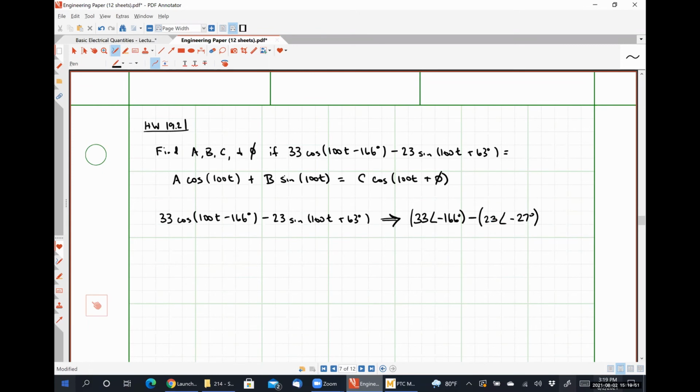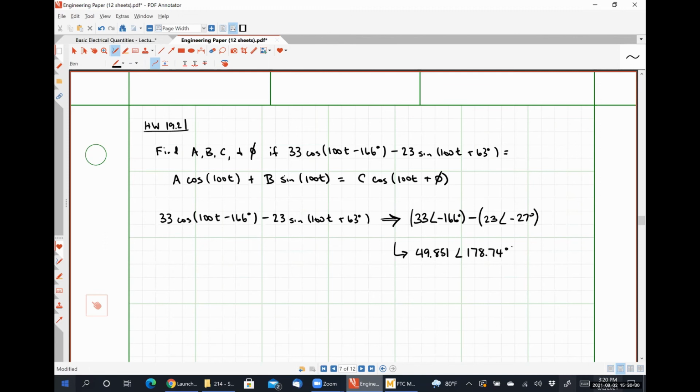So somebody please tell me what the answer will be if I do that math in polar form. I got 49.851 with an angle of 178.74.